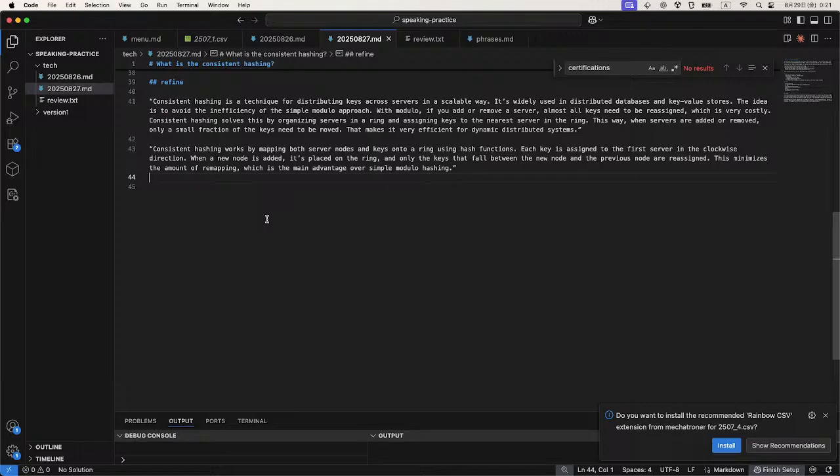Okay, I want to learn about how to design a key value store. So I have to define its requirements.